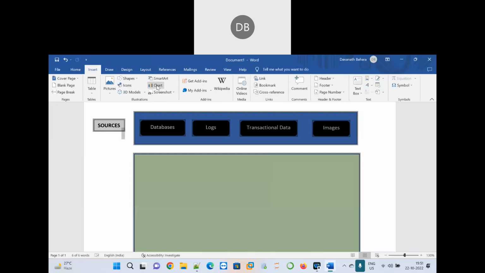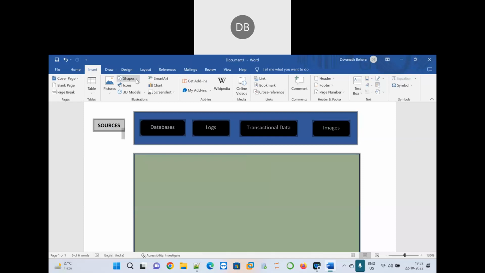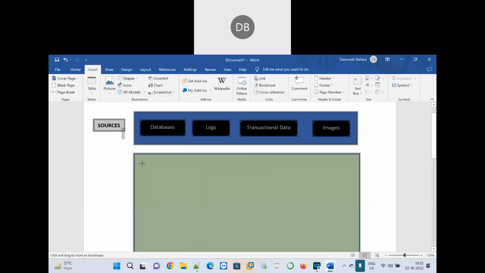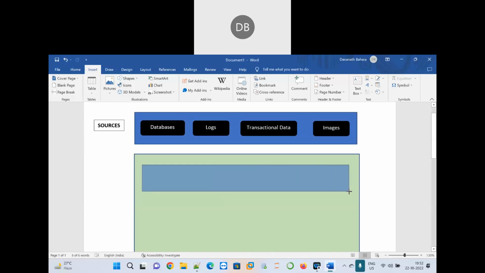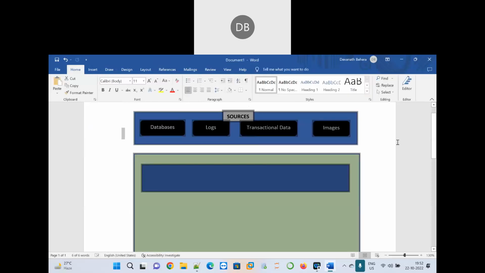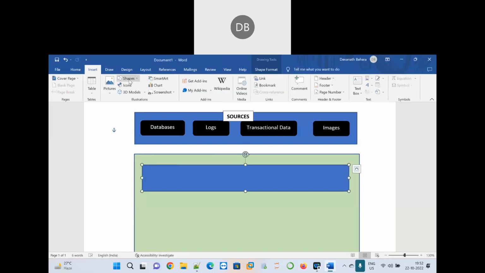Let's say here another layer is there: data transfer. Okay, the sources, and here, let's say, data transfer.